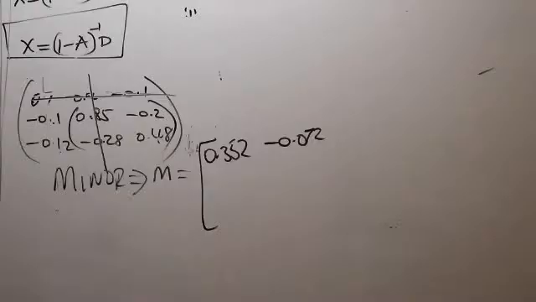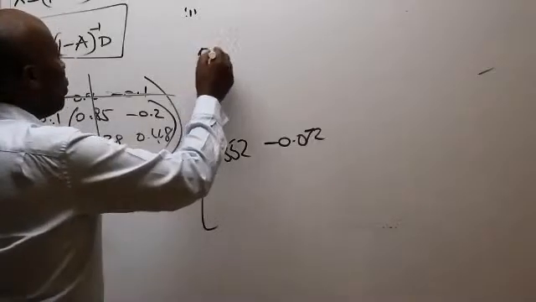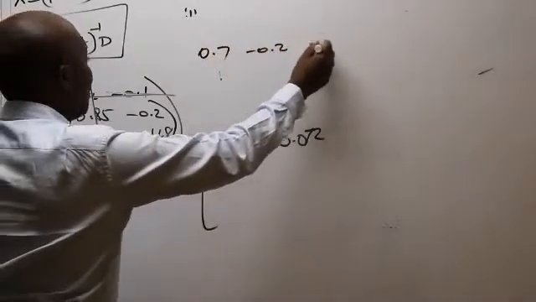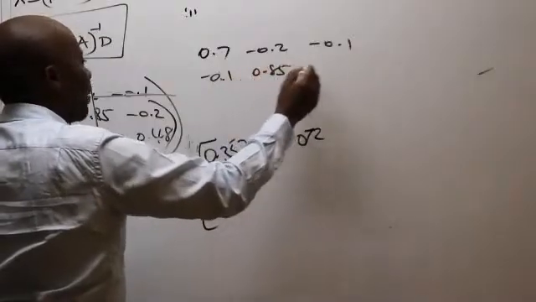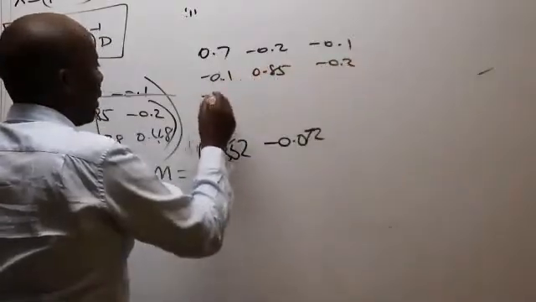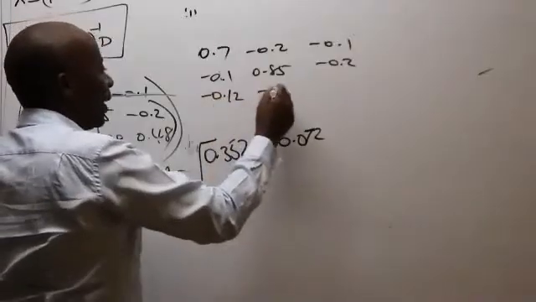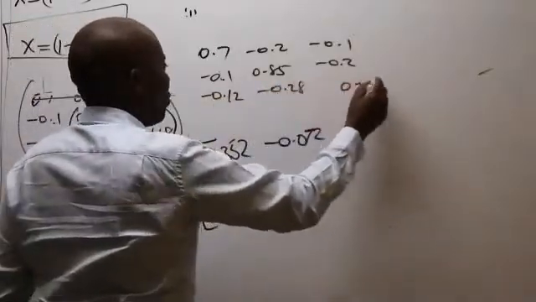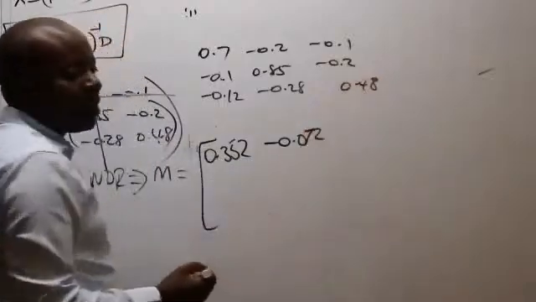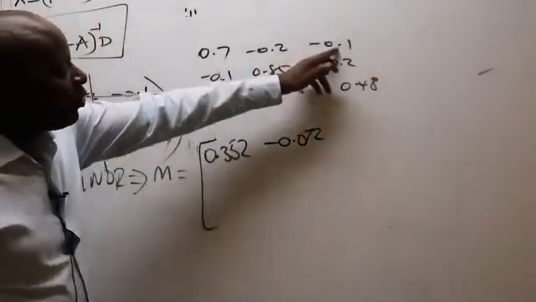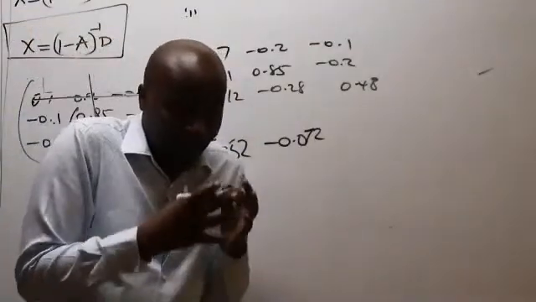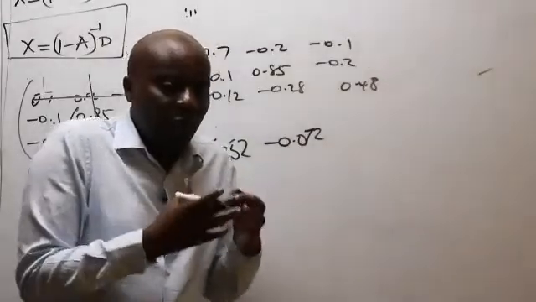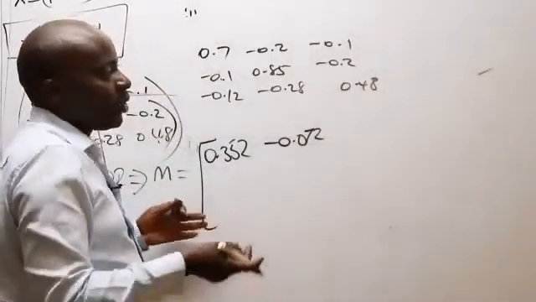Now, ladies and gentlemen, let me do only one. So we have here 0.7, minus 0.2, minus 0.1. We have minus 0.1, 0.85, minus 0.2. We have minus 0.12, minus 0.28, 0.48. If they want us to give them the minor of this element, what I'll do is hide it.